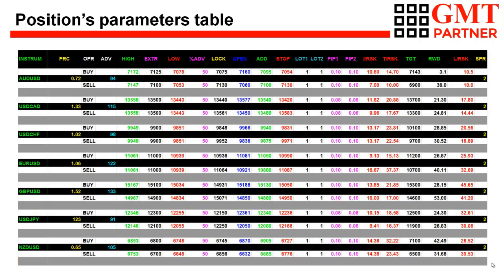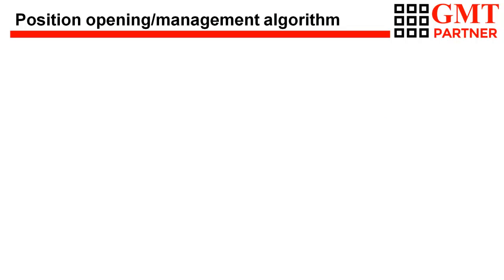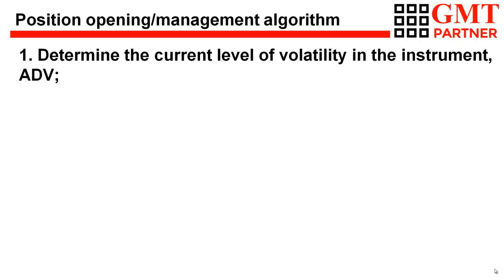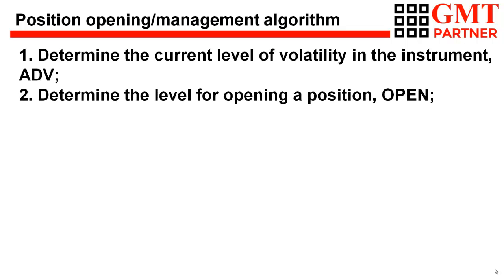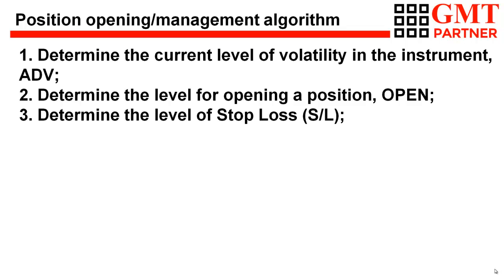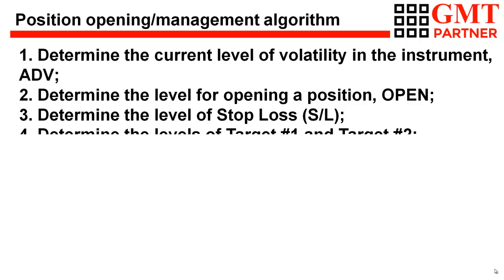Now, let's review the algorithm of the trader's actions before and after opening a position. 1. The very first thing a trader has to do is to determine the parameter of volatility of the financial instrument, that is ADV. 2. The next step is to determine the level for opening a position, open. Step number 3 is to determine the level of stop loss, SL. 4.